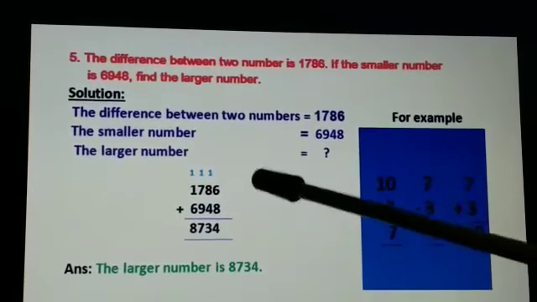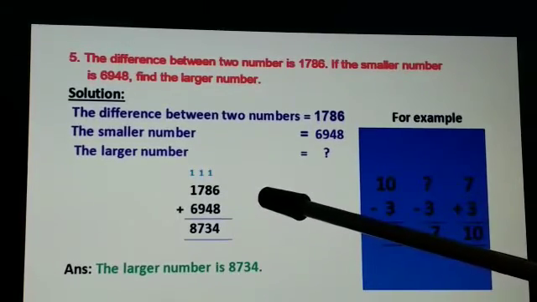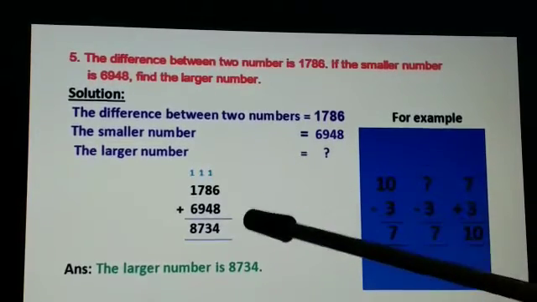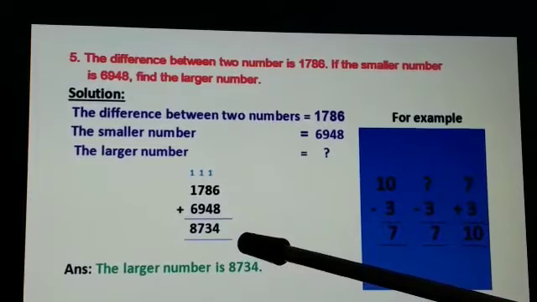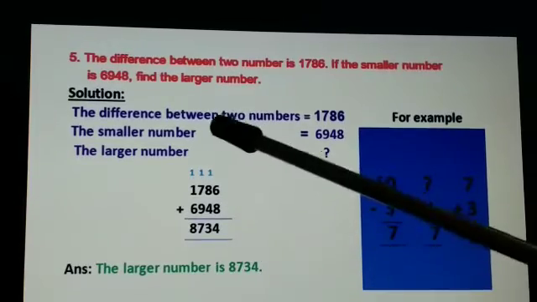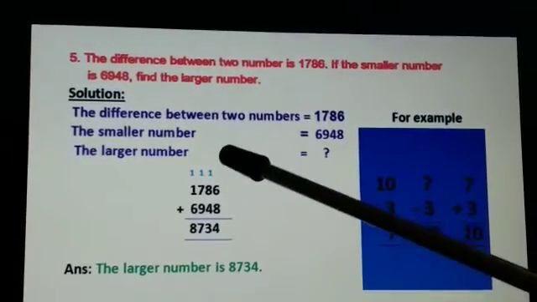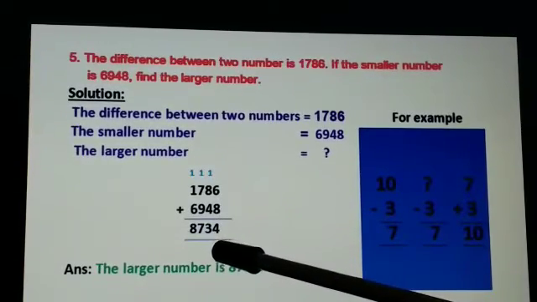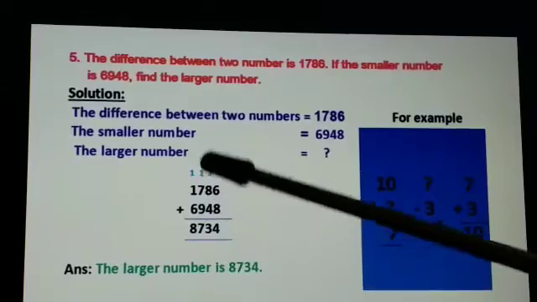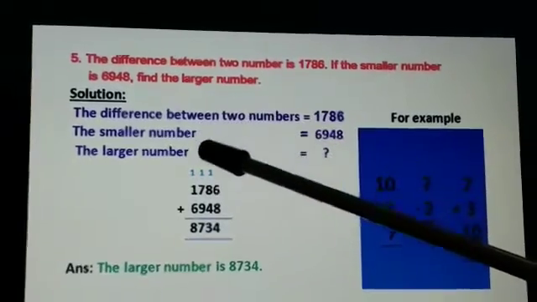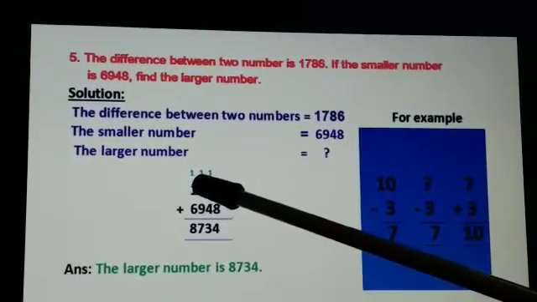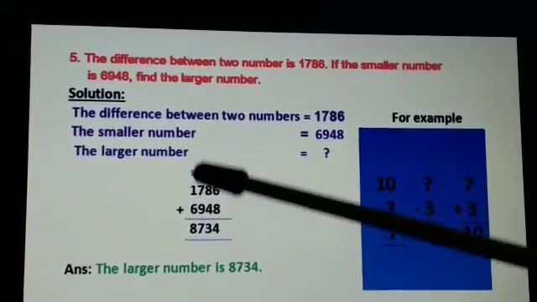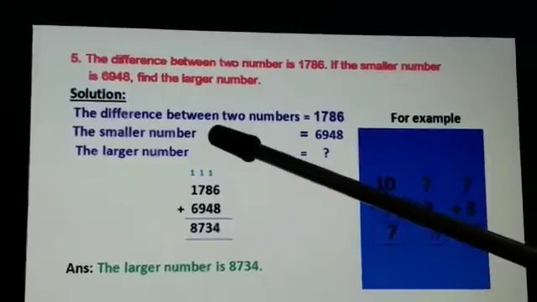Now arrange these two numbers in column, 1786 and 6948. 6 plus 8 is equal to 14. 4 will be here and 1 will be carried over here. 1 plus 8 is equal to 9 and 9 plus 4 is equal to 13. 3 will be here and 1 will be carried over. Now 1 plus 7 is equal to 8. 8 plus 9 is equal to 17. 7 will be here and 1 will be carried over.